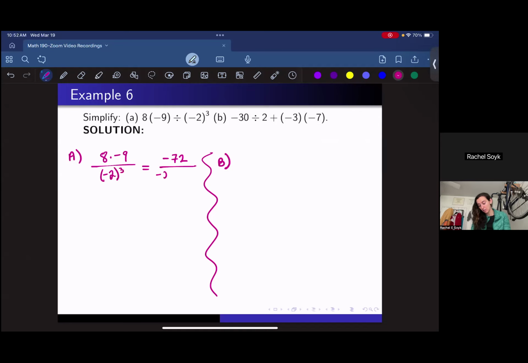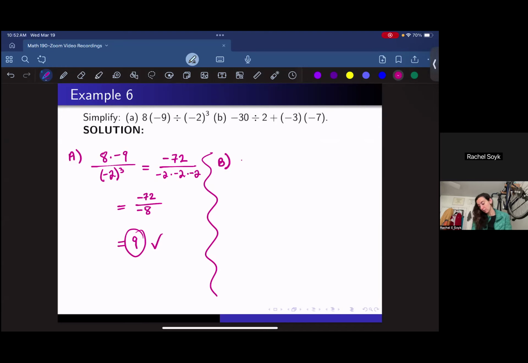This is just negative 2 times negative 2 times negative 2, which will yield a negative in the denominator. And 2 to the third is just 8. Negative divided by a negative is a positive, and 8 goes into 72 9 times. So our final result is 9.